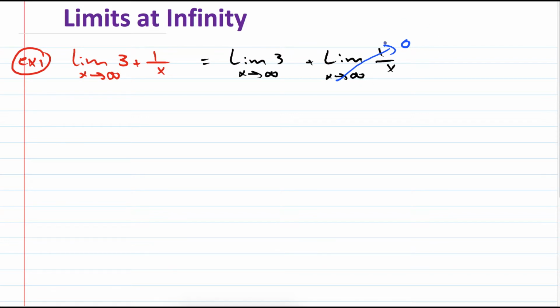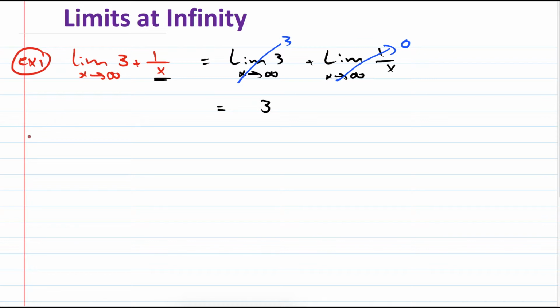So we know this is 0, and this is a constant. Okay, the limit of 3 as x approaches infinity is just 3. So actually the value of this equals 3. Do you see how easy it is? So this fact, meaning the limit of 1 over x as x approaches infinity, is very, very useful, and we're going to use it throughout these examples.